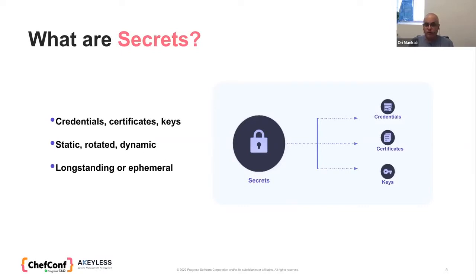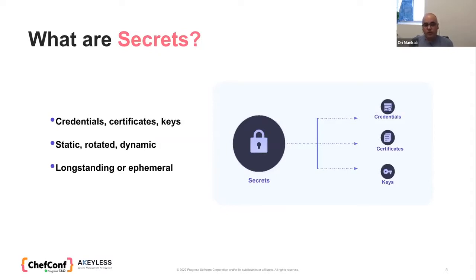There are different types of secrets, and we distinguish between them. The most basic one is a static secret, which means that any time you request this secret, or want to retrieve it from an external store, you will get the same value over and over again. Like if I'm requesting my username and password, I can get them one time after another, and then I can use them to authenticate to my database.